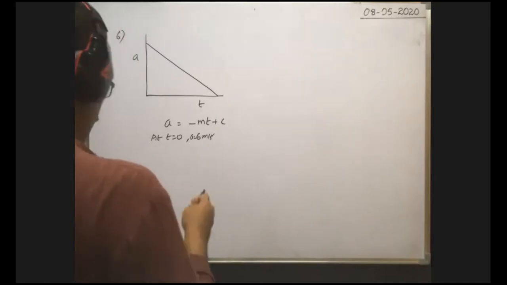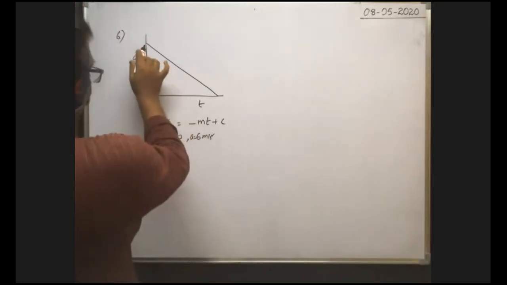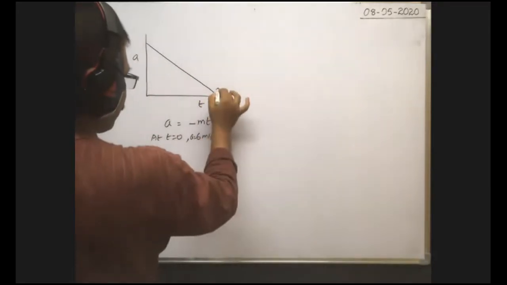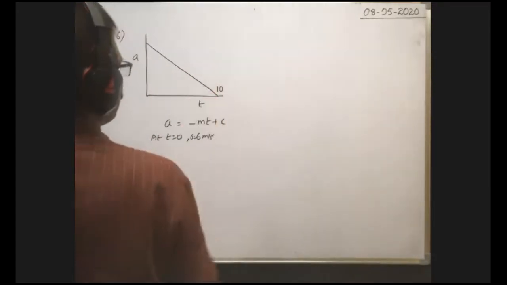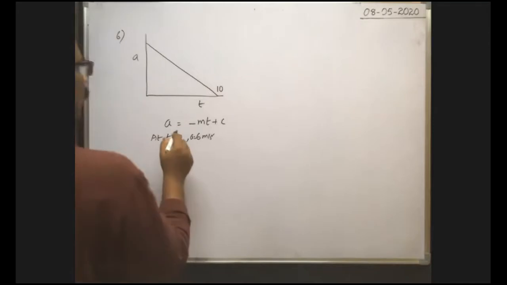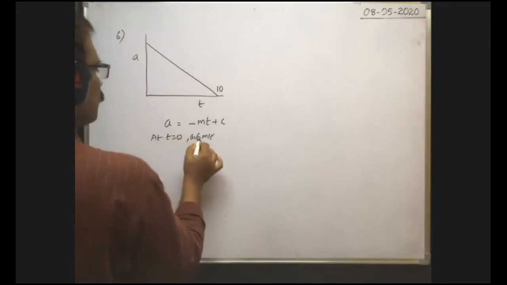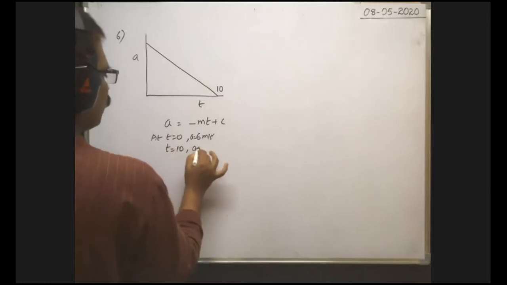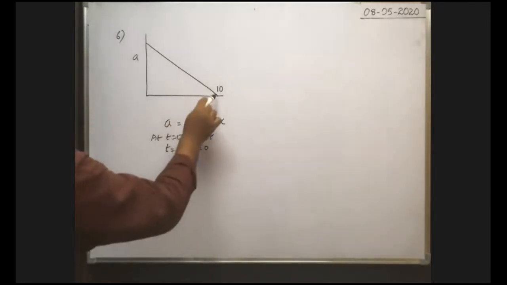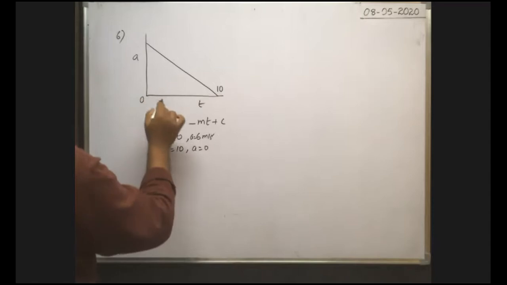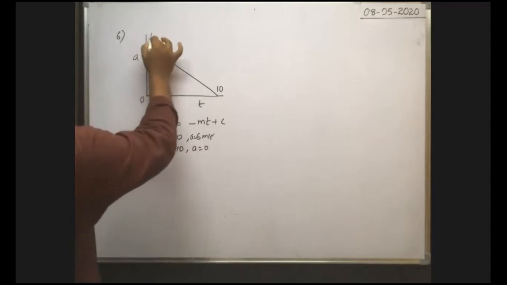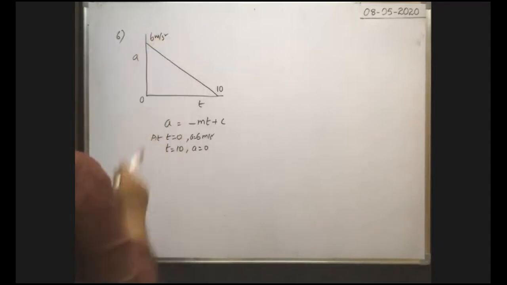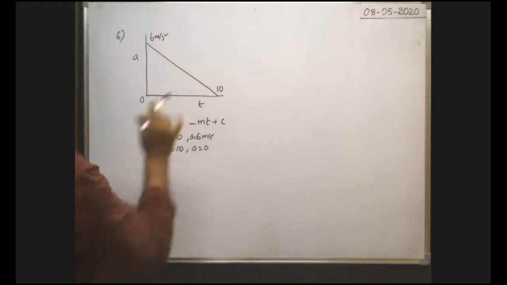Here this acceleration decreases linearly with the time up to 10 seconds. That is also given. That means when t is equal to 0, a is equal to 6, and when t is equal to 10, a becomes 0. When t is equal to 10 seconds, a is equal to 0. When t is equal to 0, a is equal to 6 meter per second square. Now you substitute these conditions here.